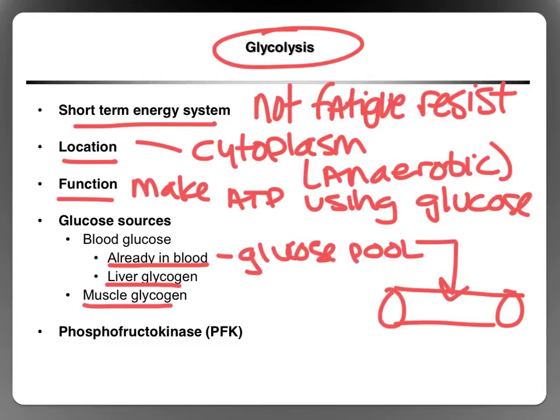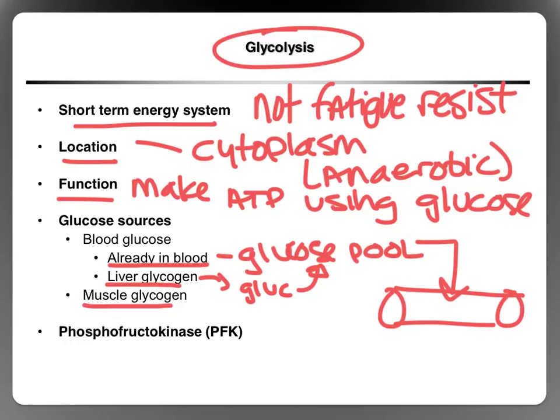And as glucose leaves the bloodstream, we need to replace that glucose in order to keep your blood glucose levels steady. So what happens is the liver glycogen will break down into glucose, and that glucose will enter the glucose pool. It'll enter your bloodstream and maintain your glucose pool at a steady level.